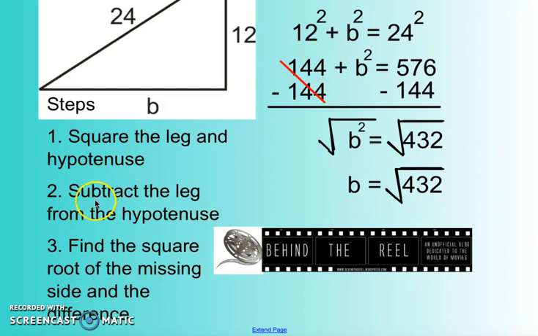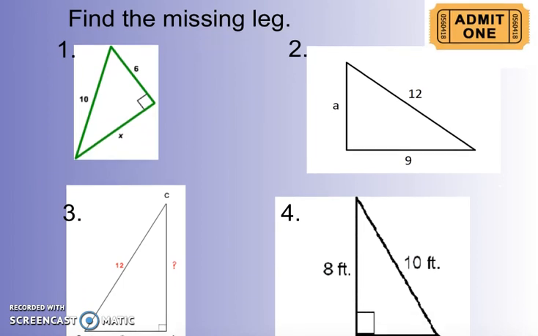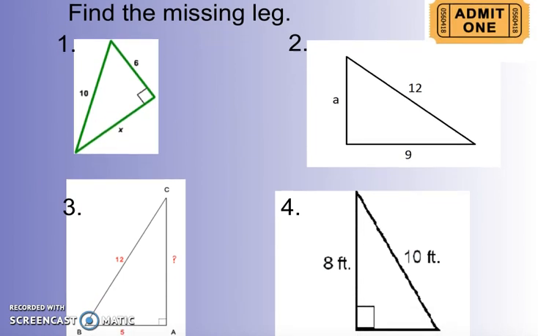So this will always be our step number 2, is just to subtract. So once we subtract, then we can find the square root of the missing side and the difference. And we got an answer of 20.78.